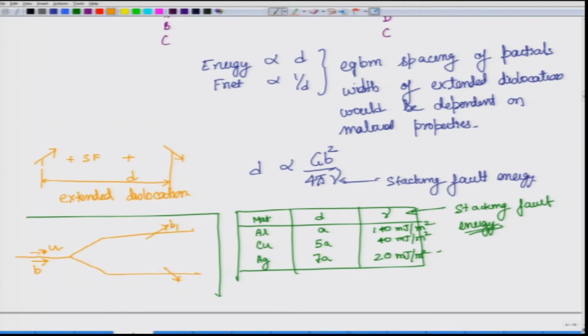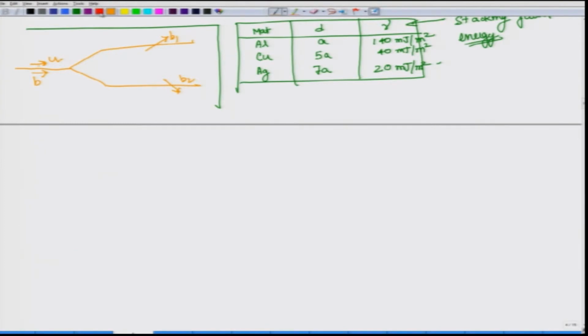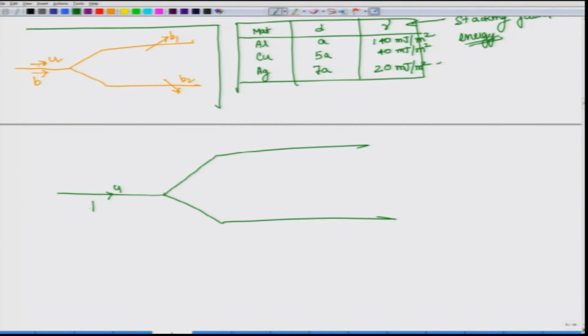So, b1 and b2 will still remain mixed character as long as it is parallel to u. Of course, the real partial dislocations, now that I am talking about it, let me draw it. So, this is the one that we solved.